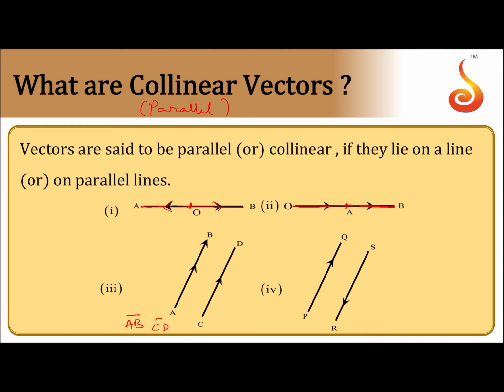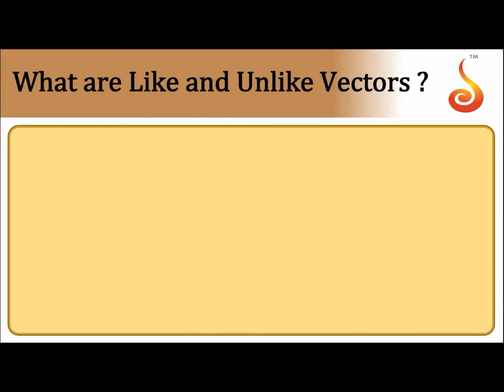If they are equal in magnitude, they are definitely equal vectors. Otherwise, they may be different vectors. So there are three vectors over here, all collinear. They are parallel to one line. Similarly, PQ bar is one vector and SR bar is another vector, and both vectors are parallel. They are also called collinear vectors.